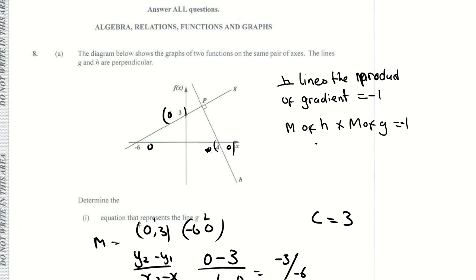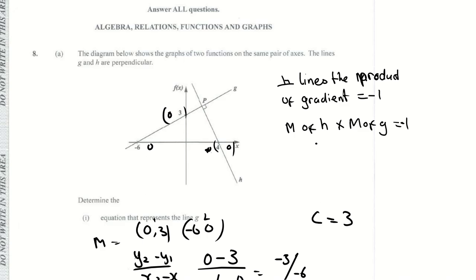So, determine the equation of the line G. Now line G, that's this line here, we have two coordinates. It intersects your y-axis, they call it f of x, but it is your y-axis, that means x is equal to 0. So this point is (0, 3), and this point here is (-6, 0). So I need to find my gradient.